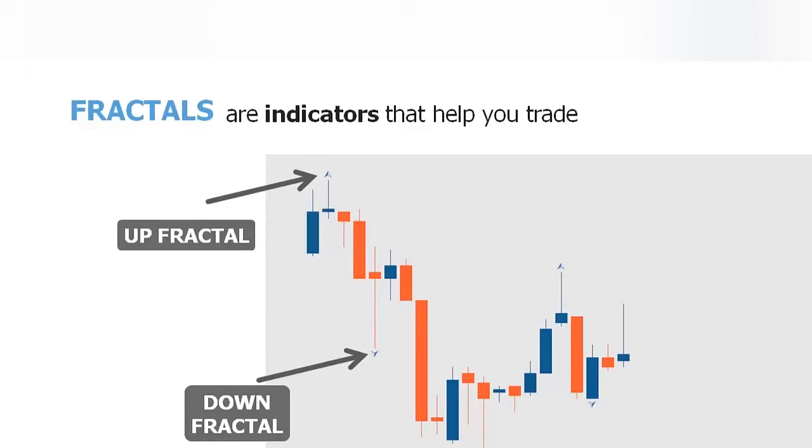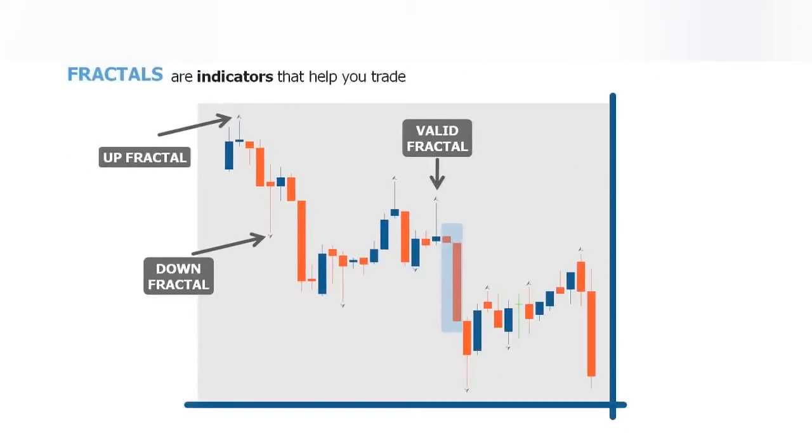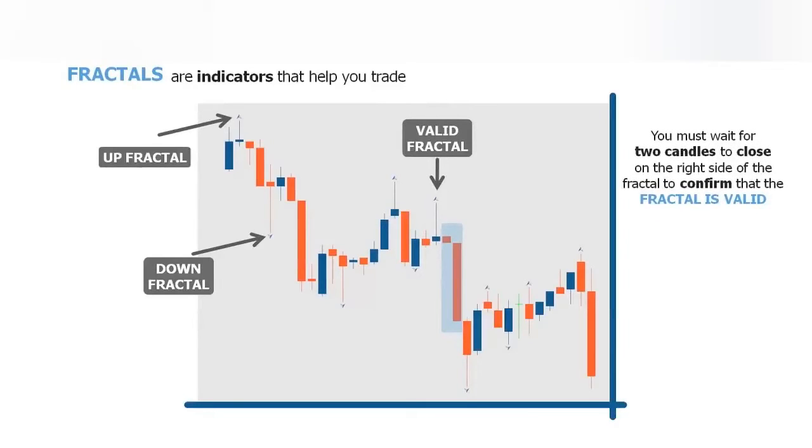However, if price moves beyond a fractal, it indicates that price may be continuing in the same direction. Note that a freshly formed fractal can disappear again unless two full candles have formed after it. Thus, before using a fractal in the context of the beginner strategy, you should always wait for two candles to close on the right side of the fractal to confirm that the fractal is valid.